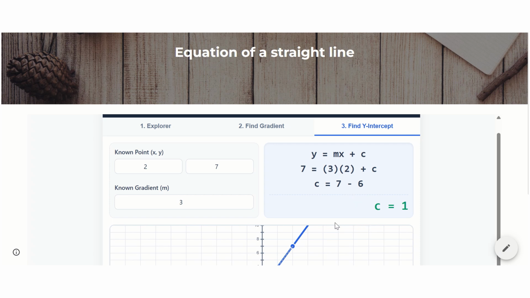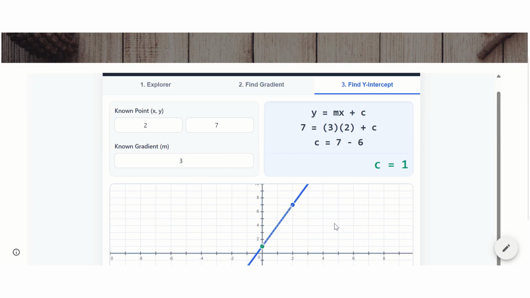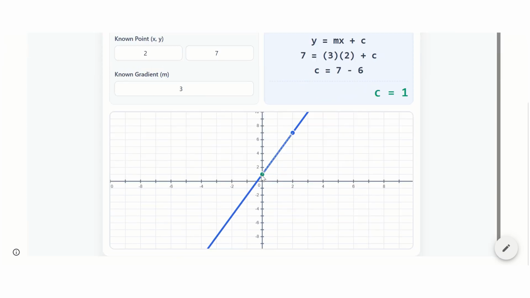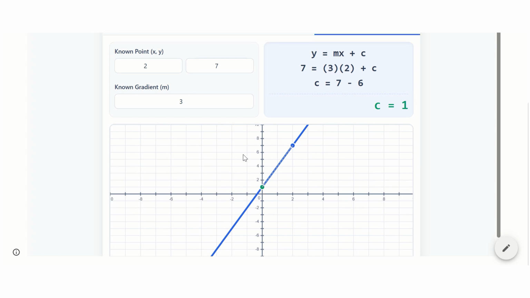So for this particular straight line with gradient 3 and this particular point, 2, 7, your y-intercept value is 1. Let's look at it graphically to see if you are correct. Yes, it matches. So whatever you have done algebraically tallies with what we can see here graphically. Let's try another one.